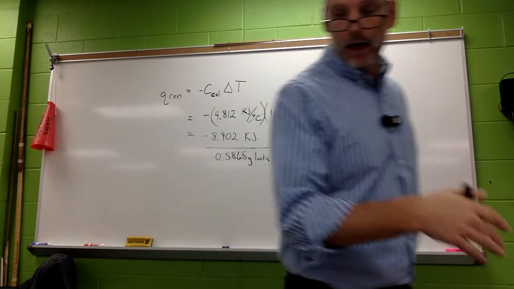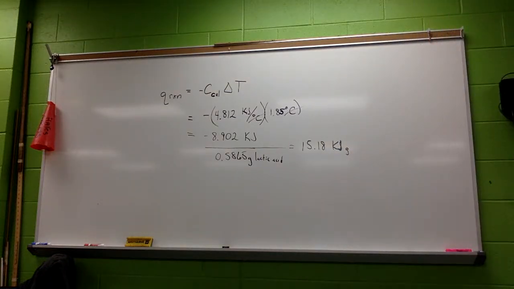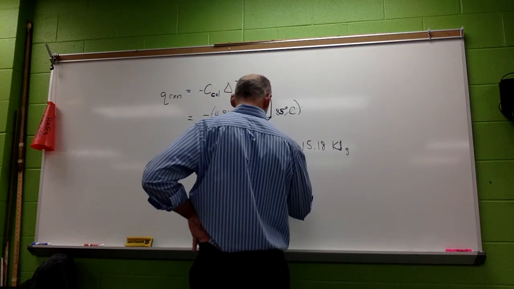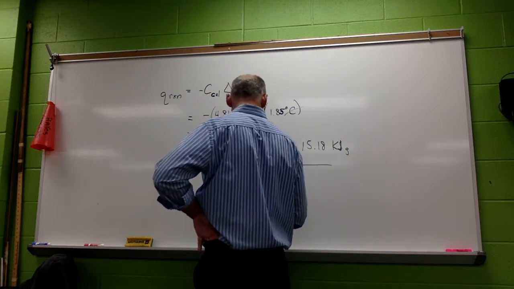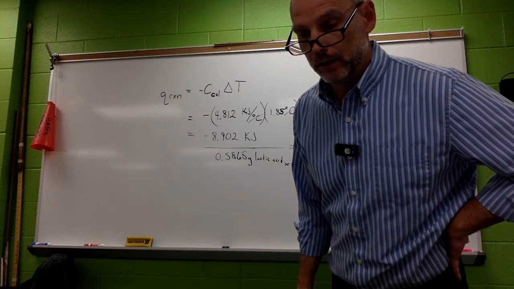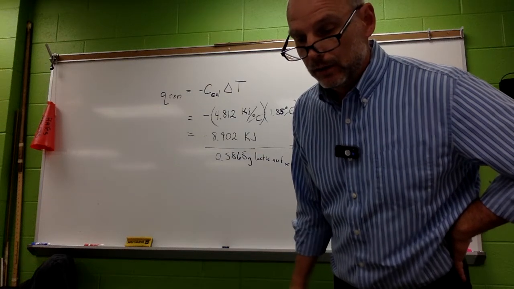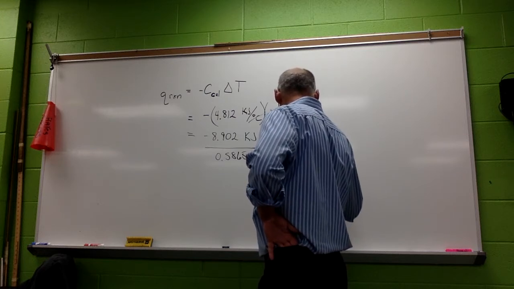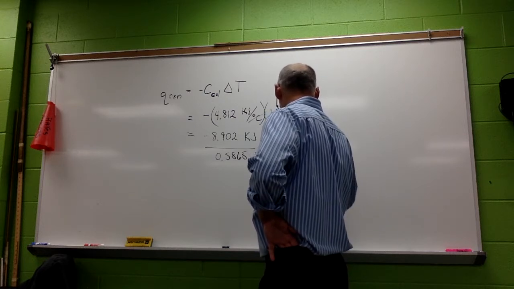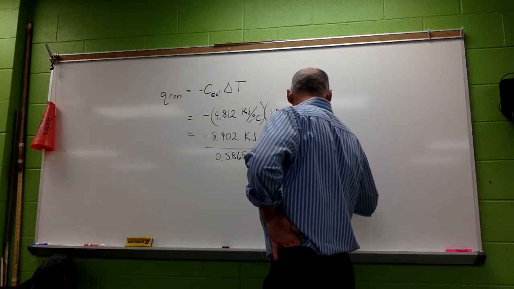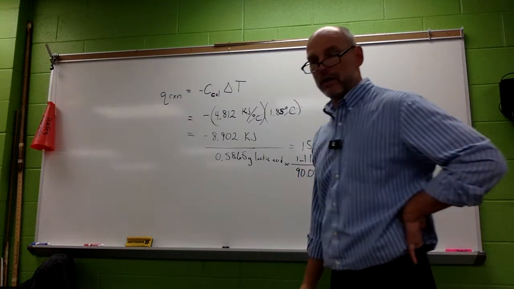Or, if we want the enthalpy, which is typically given in kilojoules per mole, the next thing we have to do is convert this to moles, which is relatively easy. It's 90.09 grams per mole, by the way. Okay, and we do a similar calculation.